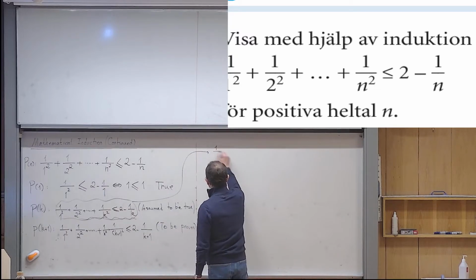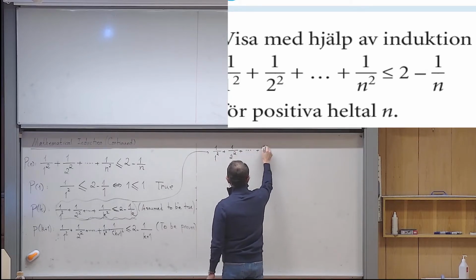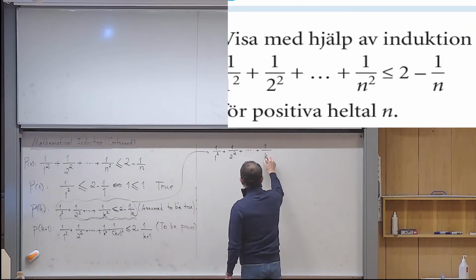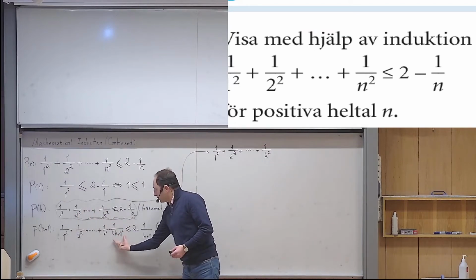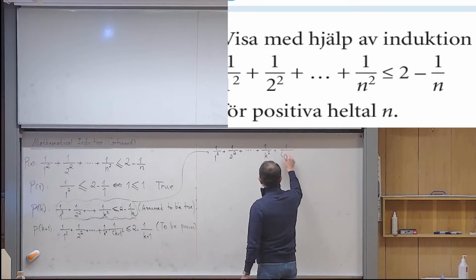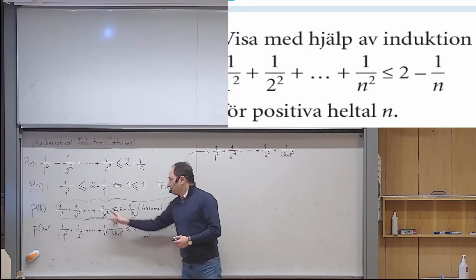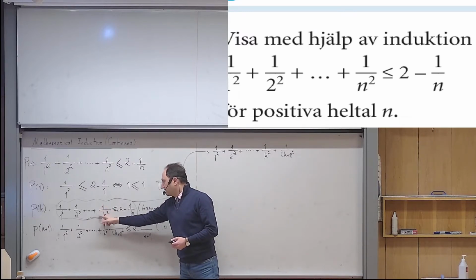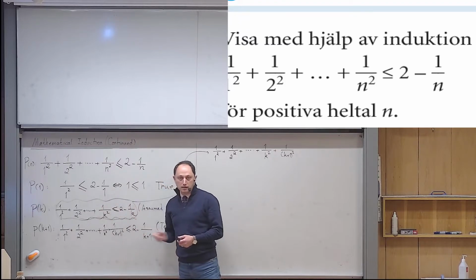So this means that 1 over 1 to the power of 2 plus 1 over 2 to the power of 2 up to plus 1 over k to the power of 2. Yes, I add this term to the left-hand side of that, which becomes what? This one. When I add this to this left-hand side, if I add the same thing to the right-hand side, this still becomes less than that one. Yes?